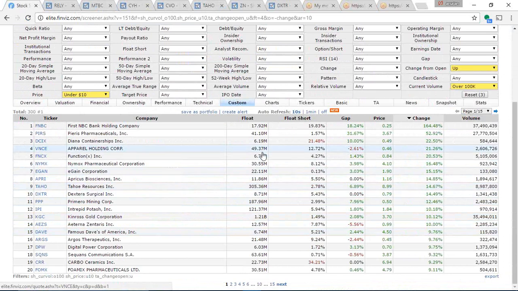Something like this you should never buy: Kinross Gold Corporation. Yes, it went up today, and it was a really decent cross. But look at that float. It's 1.2 billion, with a B, meaning it's going to have to move a lot for you to make any decent amount of money.